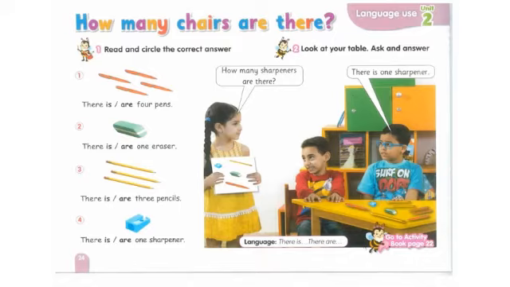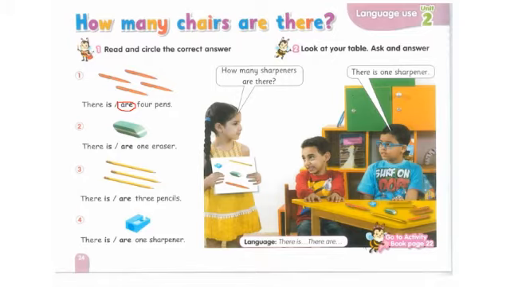If we have more than 1 pen, we say there are. If it's only 1 pen, we say there is. We have many pens here, right? So the answer will be there are 4 pens. We're going to circle the word are.